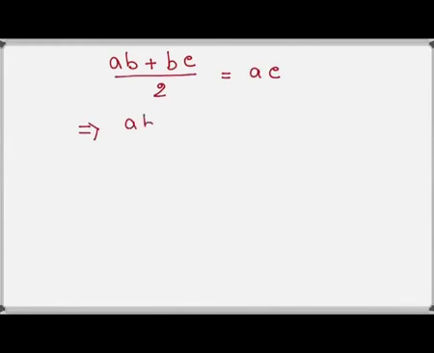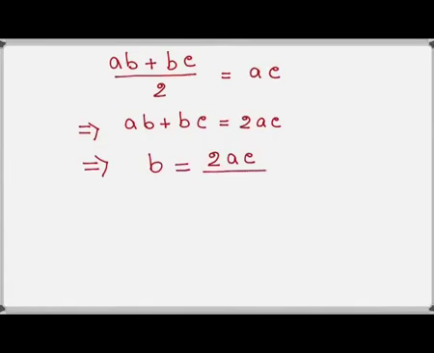That is, ab plus bc is equal to 2ac. So we have b is equal to 2ac divided by a plus c.